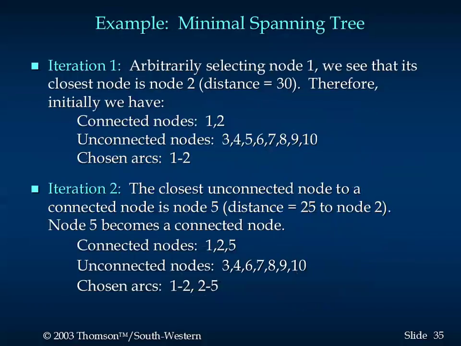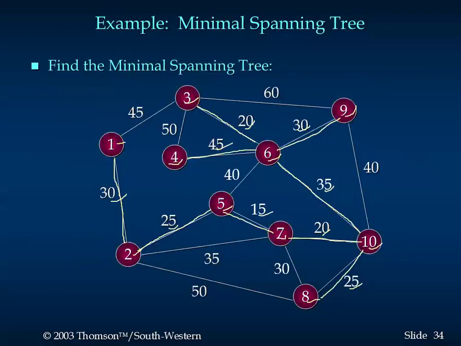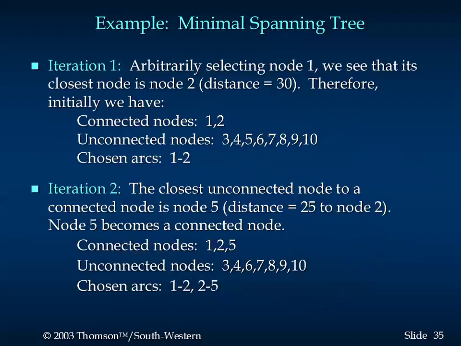Okay, 3, 4, 5, 6, 7, 8, 9, 10 are unconnected. Now, we look at what is closest to this. So on this side is 45, on this side is 25, 35, and 50. What is closest? 25. So bring 5 into the connected set. Closest one is 5 at distance 25 from node 2.